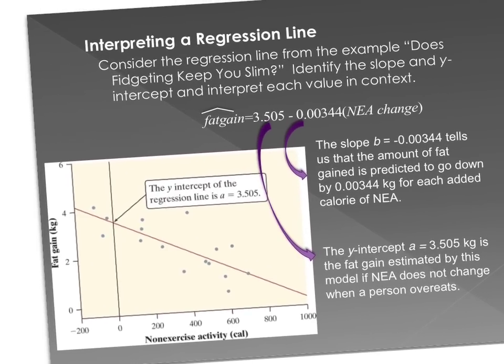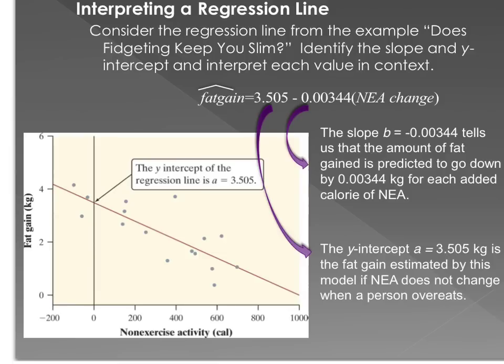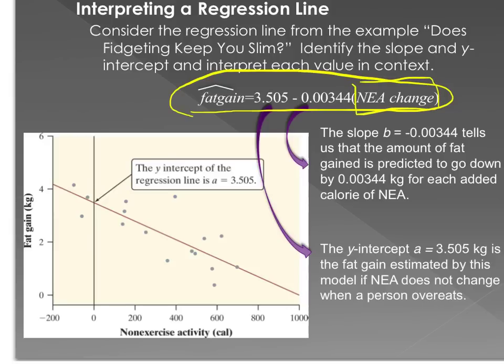And we need to always be able to identify the slope and the y-intercept of that. So in this case, let's assume that this is the equation of our regression line: 3.505 minus 0.00344 times the amount of non-exercise activity change. So remember, b is the slope, that number in front of x, which is our variable. And the y-intercept then is 3.505.